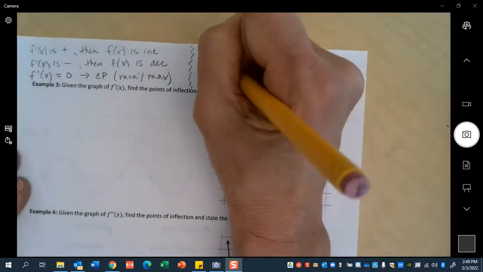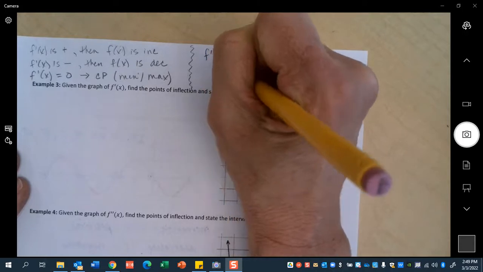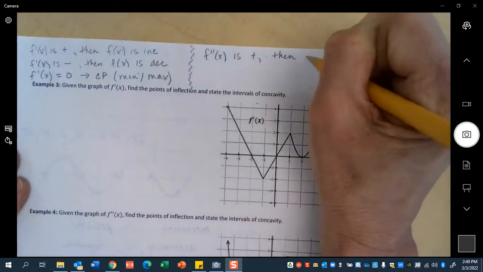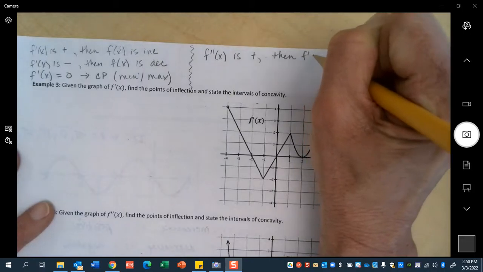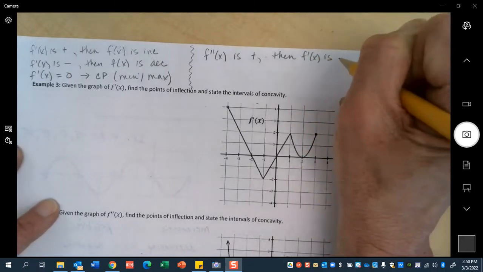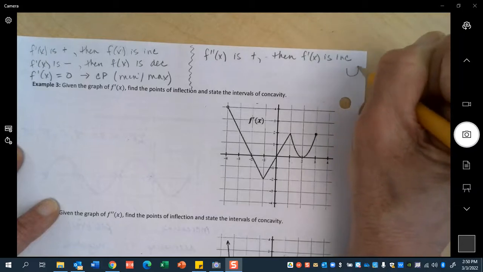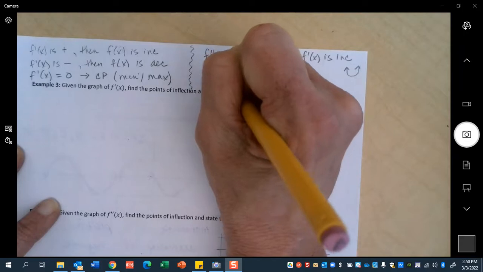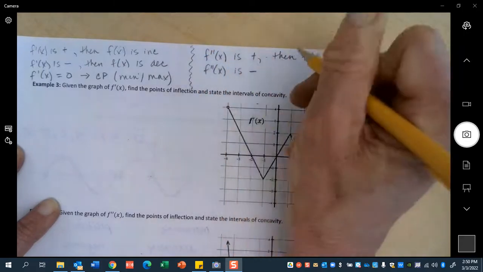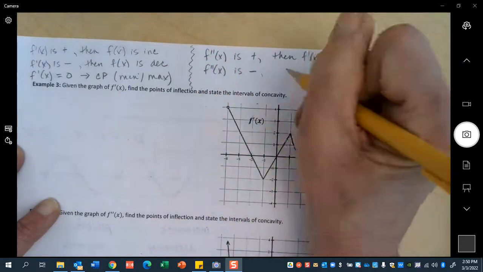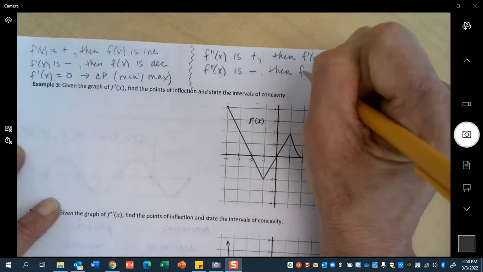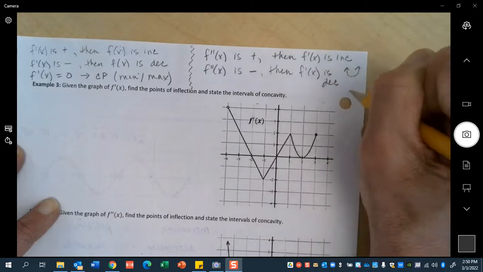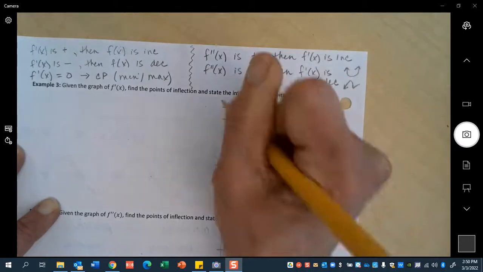Let's talk about my second derivative. If my second derivative is positive, then that means that my derivative is increasing. That's concave up. If my second derivative is negative, then that means that my derivative graph is decreasing, down like a frown.